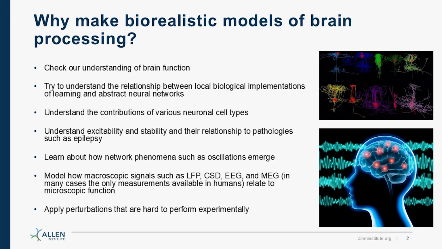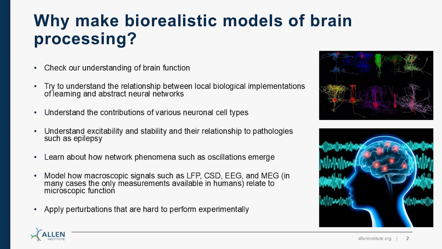And it gives you more understanding of how different excitability and different network components contribute to different pathologies. And learn how, for example, phenomena like oscillations emerge from different cell types or different network interactions. And very importantly, from humans, for example, we have EEG and MEG.